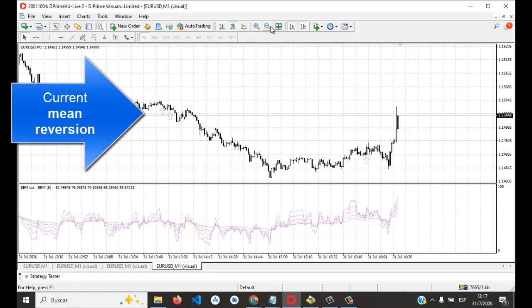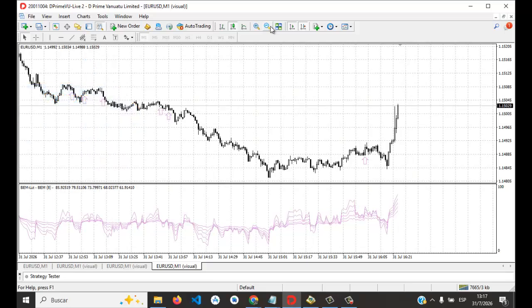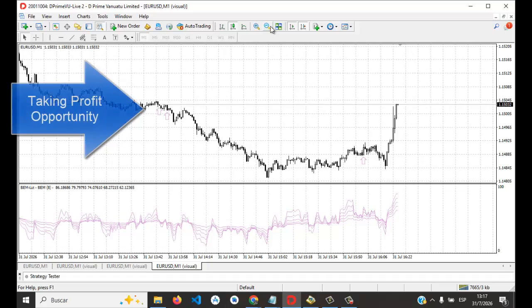Current mean reversion. Taking profit opportunity.